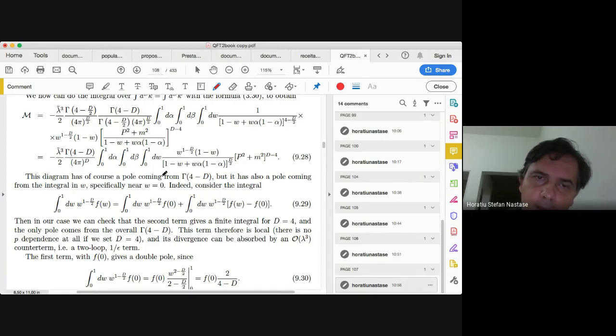And then there's some other functional dependence on w that is non-zero at w equal to 0. All right, so I make a trivial split. I write this function at 0 plus the difference between f of w minus f of 0.